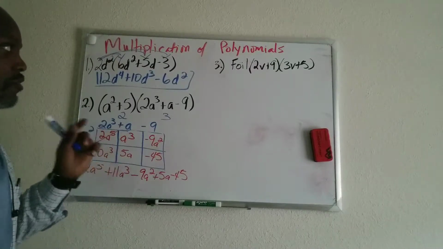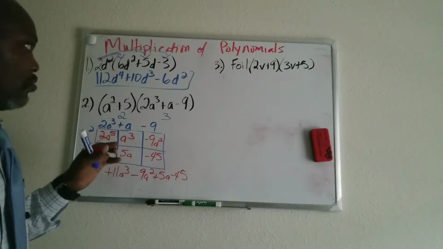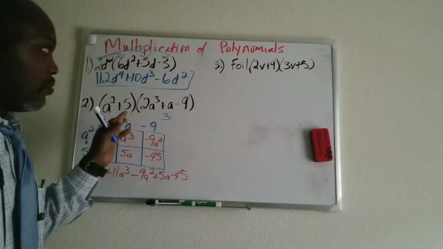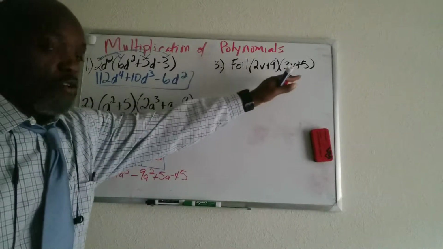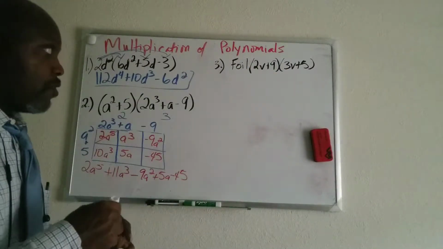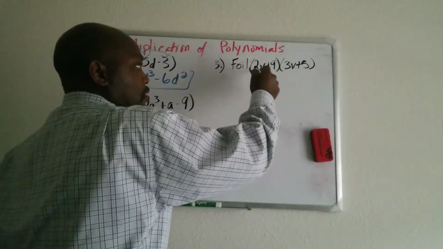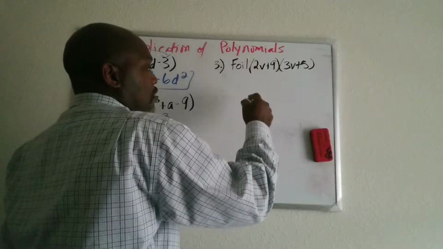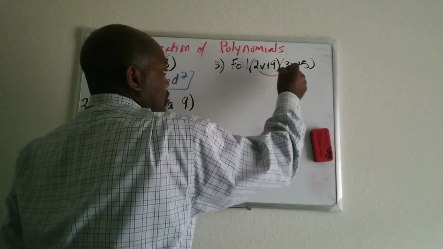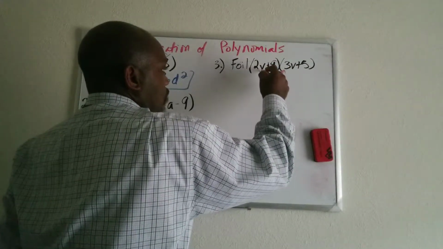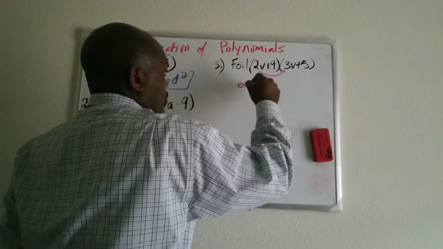Now there is another way to work multiplication. You can use multiplication of binomials, and you can use the FOIL method. In the FOIL method, you can only use it with binomials. Binomials are 2 terms. All right. So it's going to be first. That's 2v times 3v, which is 6v squared.